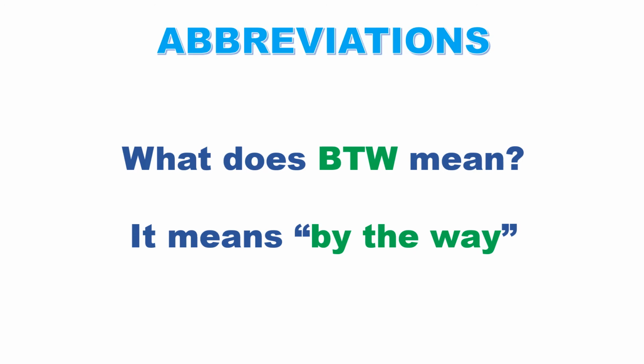BTW is by the way. Every time you need to add some information that is related to what you're saying, you say by the way. But sometimes people just use abbreviations because they don't want to spell out by the way, okay? So on your phone you just spell BTW, okay?